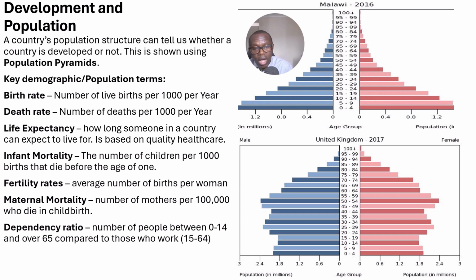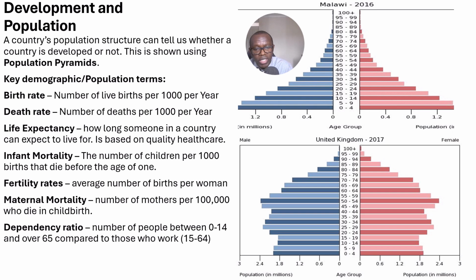Then we also have the life expectancy, which is how long someone in a country can expect to live. And this obviously gives us an indication as to how good the healthcare in a country is. If the quality of healthcare and the provision of it is good, then people can expect to live longer and vice versa.